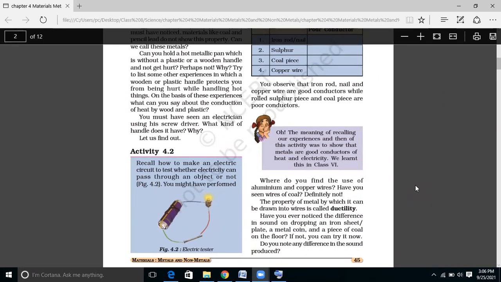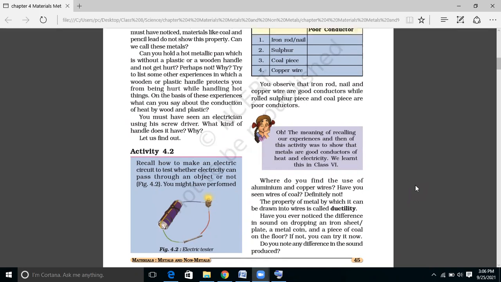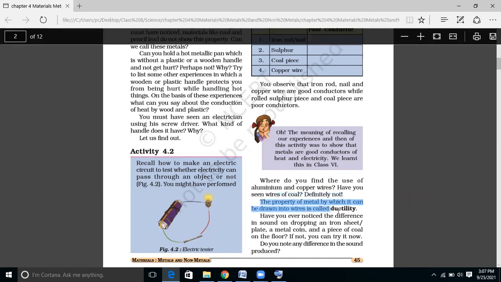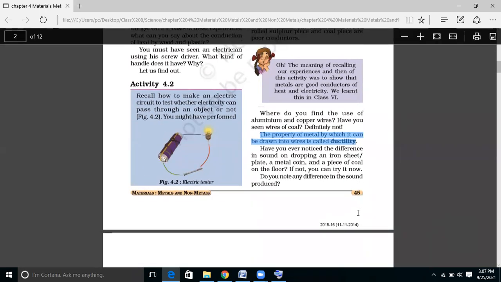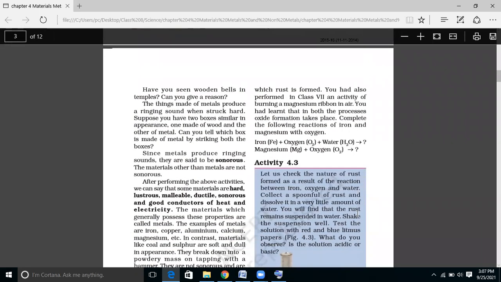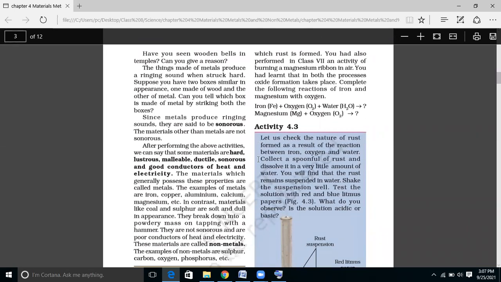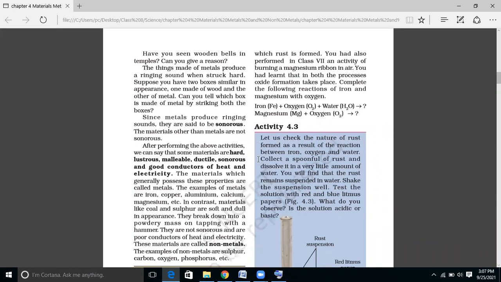Now we know that we can have copper in the form of wires because we have been using them at home. So now the property by which the metals can be drawn into wires is called ductility. Now you all must have heard the sound of your school bell or the bells which are present in the church or the temple.